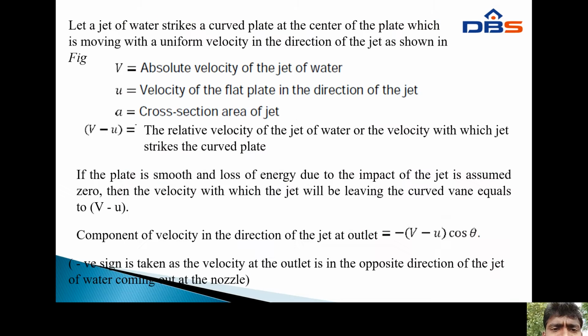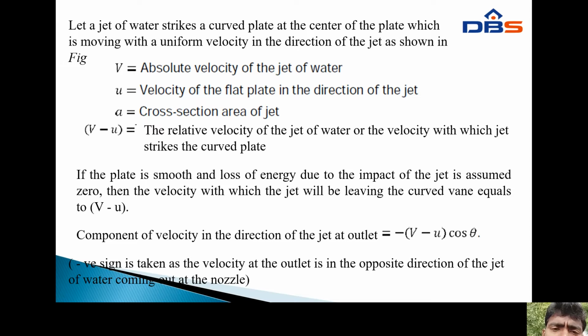Next, let a jet of water strike a curved plate at the center of the plate, which is moving with a uniform velocity in the direction of the jet as shown in the figure.